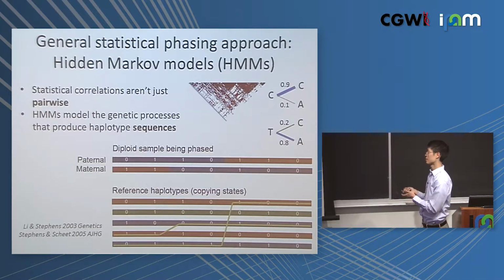And so this is the basic model, and this Li and Stephens hidden Markov model does a really good job of incorporating the key aspects of haplotype structure, namely the fact that haplotypes are inherited by descent, but also that recombinations occur relatively infrequently, and so the jumping between copying states allows you to do that.